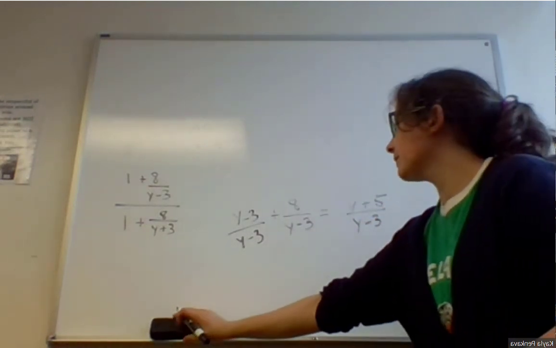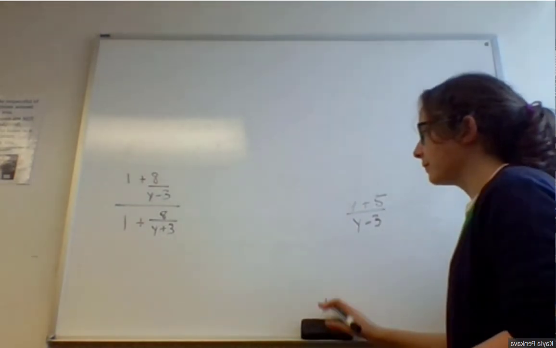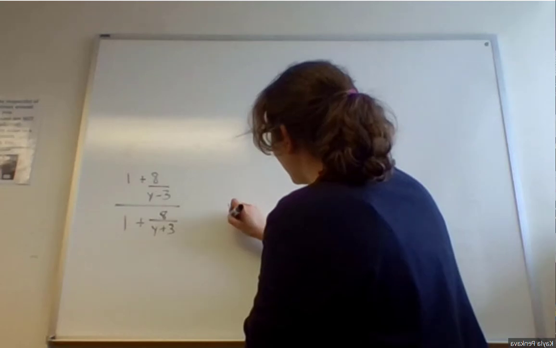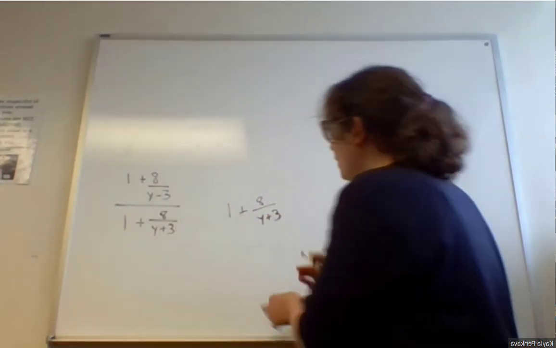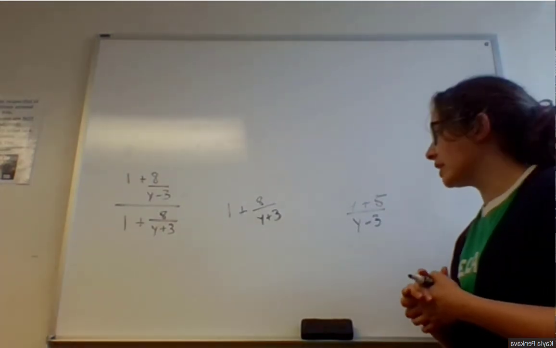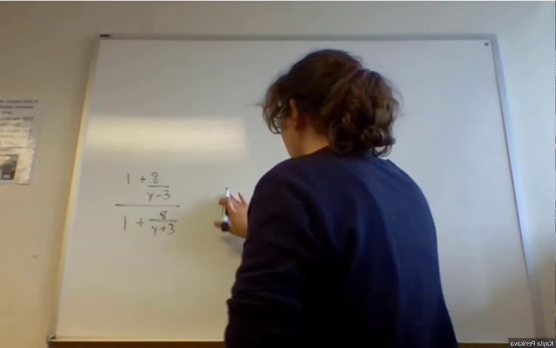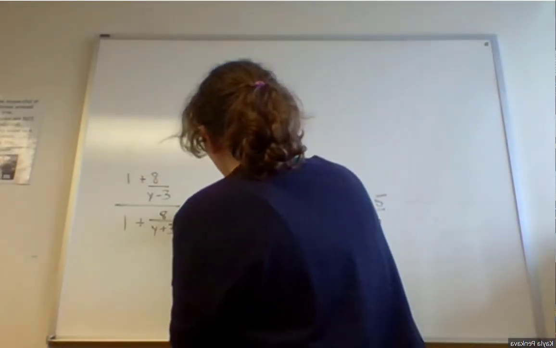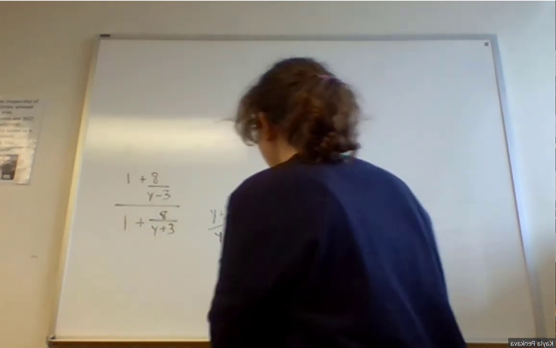So now that we've simplified the top part of the fraction, let's look at the bottom part. So we have 1 plus 8 over y plus 3. We can do the same thing to get common denominators. So that 1 becomes y plus 3 over y plus 3.